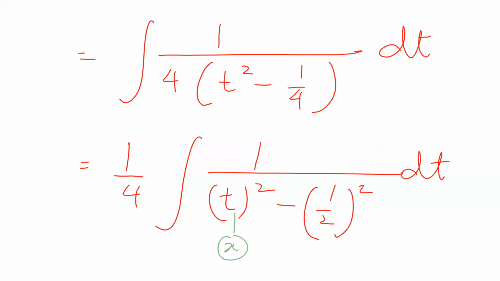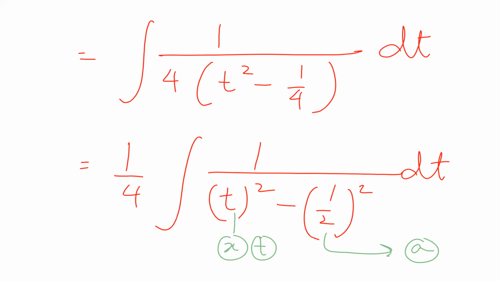So this is x, as in this is t, and this is a, 1 upon t square minus a square. The formula remains the same, 1 upon x square minus a square.